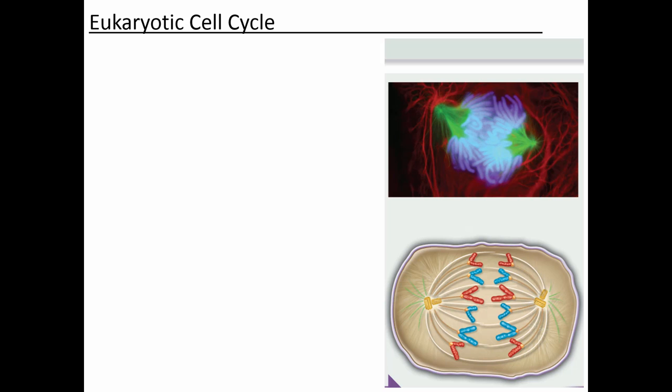So a nuclear envelope forms around the chromosomes at each pole.